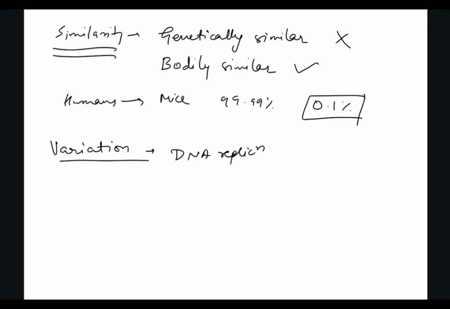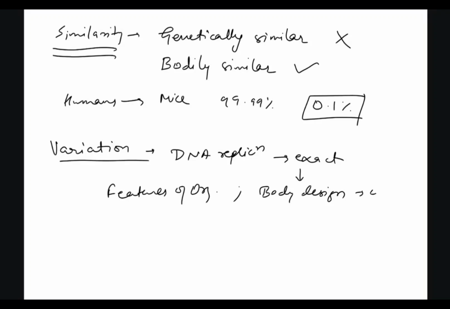So if replication is exact, what things are preserved? The body design, right? And what else? The features of the organisms. Features of organisms. These two things are conserved through the generations, right?